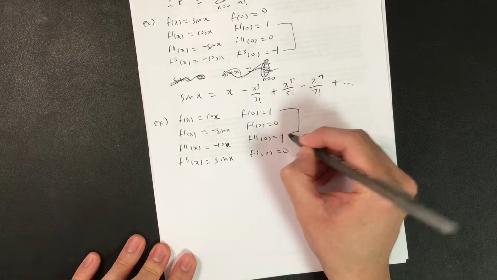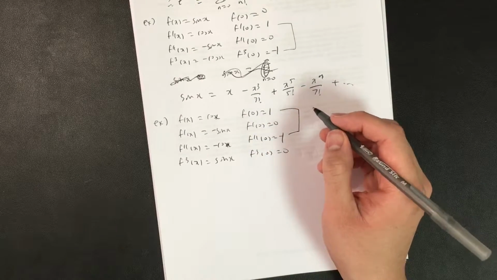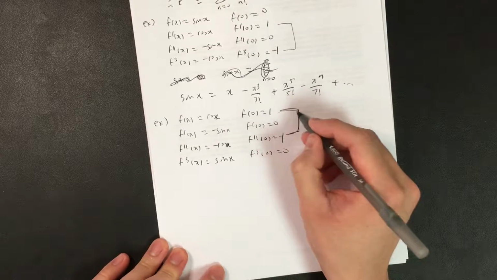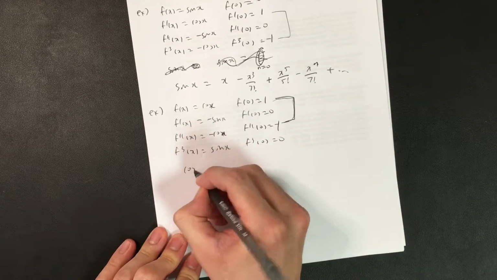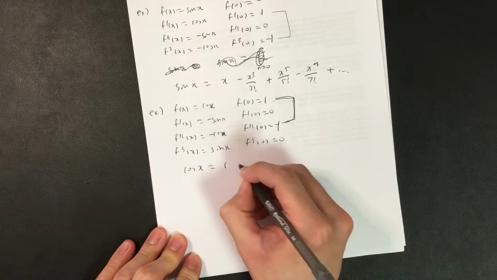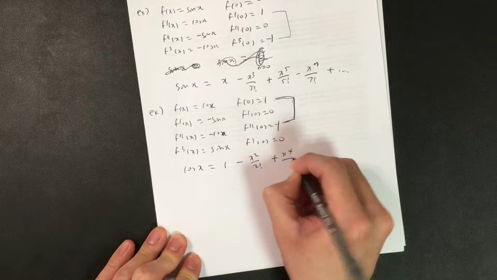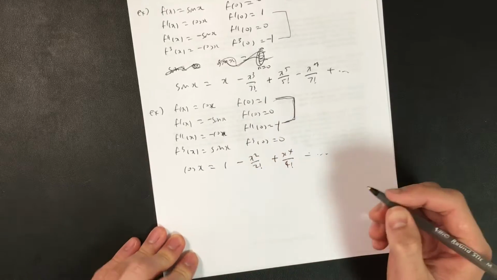In this case, although it looks similar to sine of x, we see that the even coefficients are alternating between 1 and negative 1. And therefore, cosine of x can be expressed as 1 minus x squared over 2 factorial plus x to the fourth over 4 factorial, and so on.